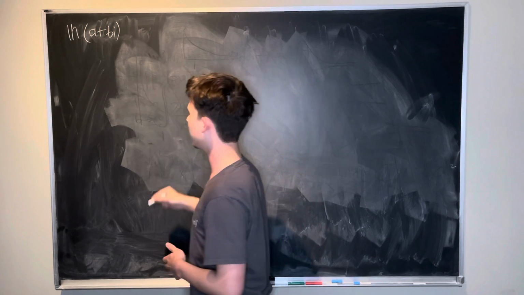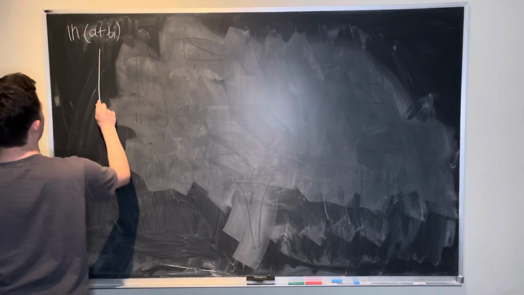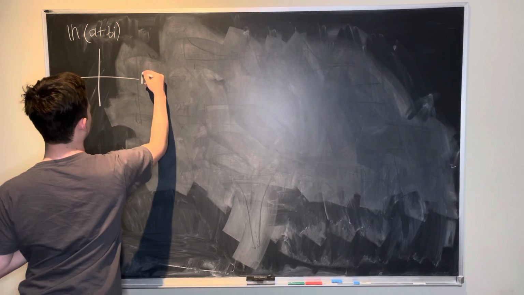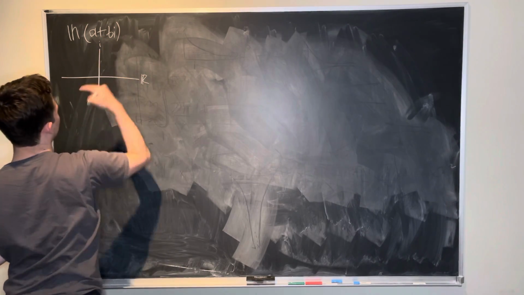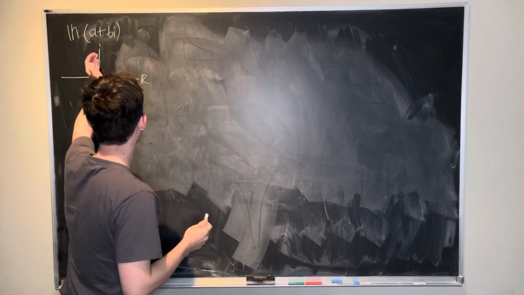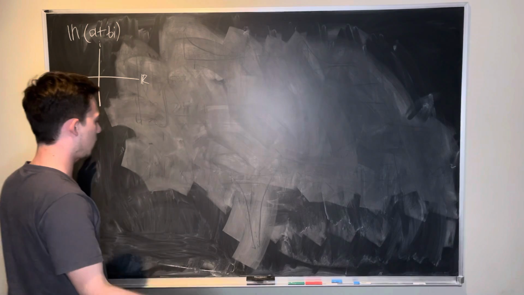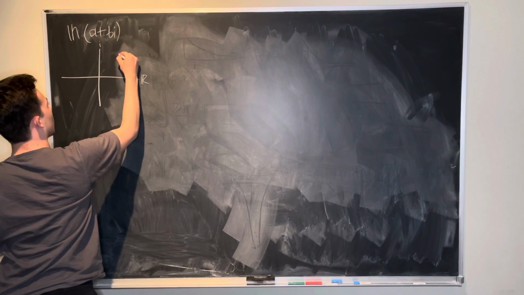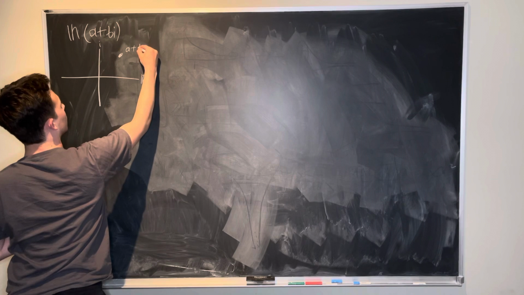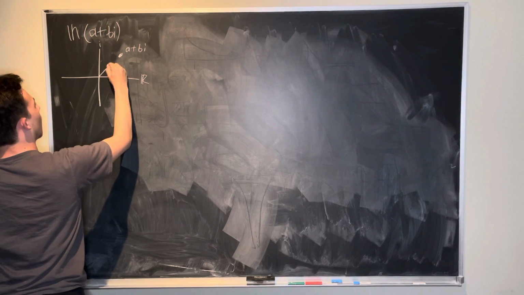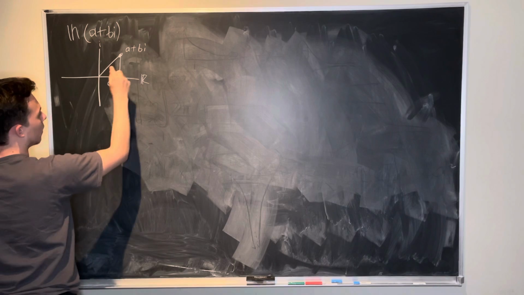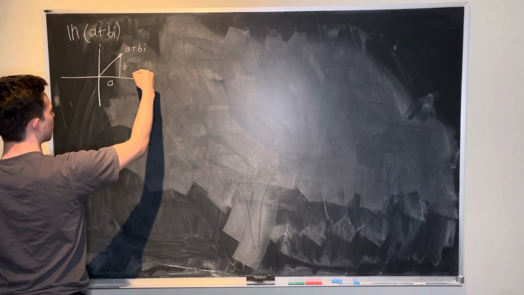So, let's think about the complex plane. As we know, the complex plane has a real axis and an imaginary axis. So you have the imaginary component and the real component. Let's take the point a plus bi. This length is a, and this length is b.